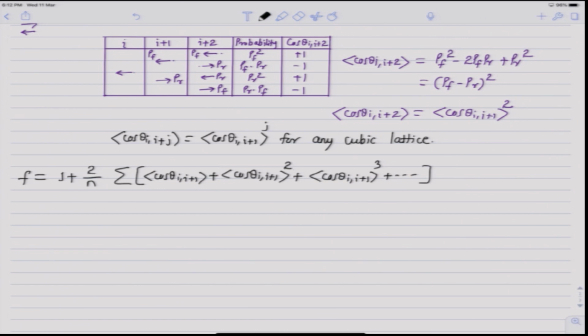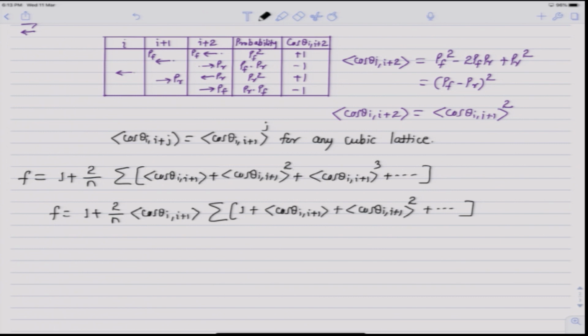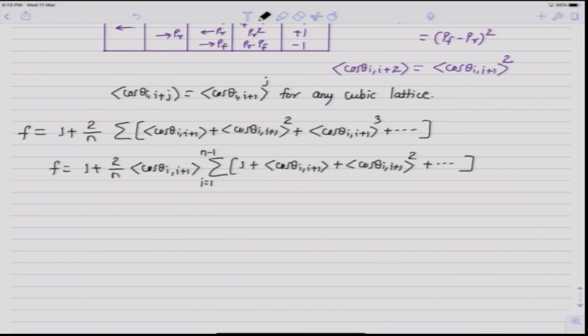If we take the average of cos theta (i, i+1) common, we get 1 plus 2 over n average of cos theta (i, i+1) summation of 1 plus average of cos theta (i, i+1) plus average of cos theta (i, i+1) squared, and so on, where i varies from 1 to n minus 1.